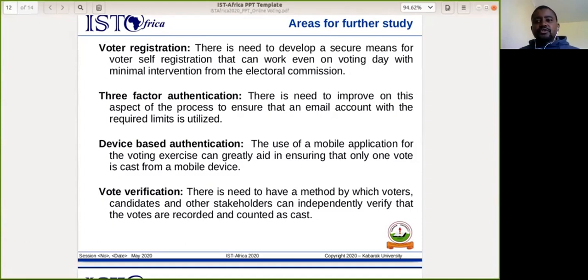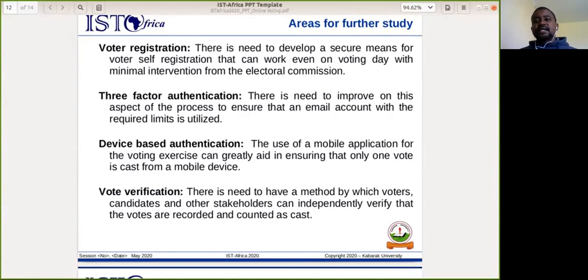Then the final and most important area for the study is the vote verification. We have identified that voters really want to be sure that their vote has not been tampered with. Candidates want to be sure that their votes have been counted for them as cast.